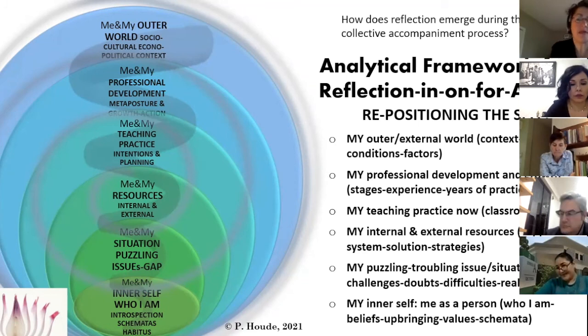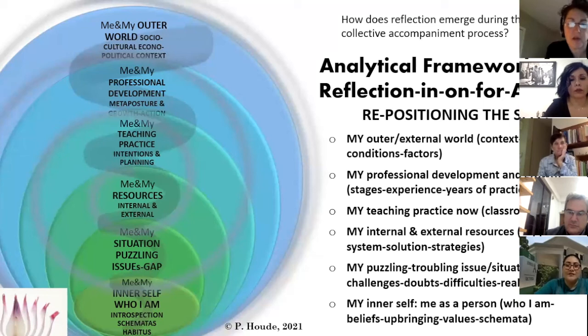And everybody is at a different stage of their teaching practice. We all have different experiences, years of practice and so on. So nobody will have the same process of reflection, as my colleagues have mentioned. And then we also look at what our teaching practice is in the now. What's going on in my classroom reality right now, in this moment.